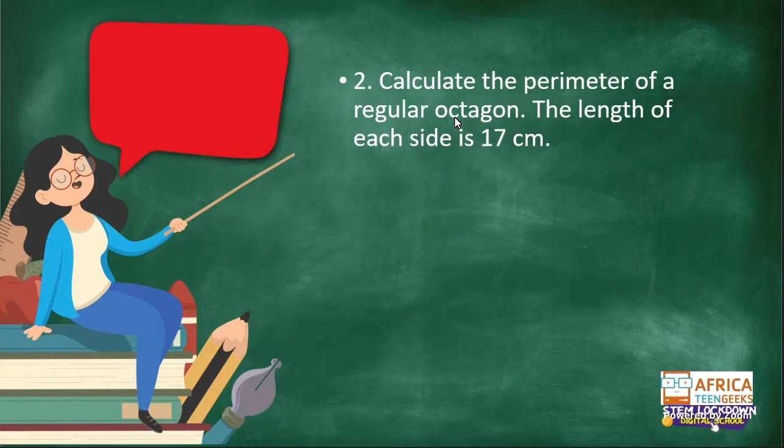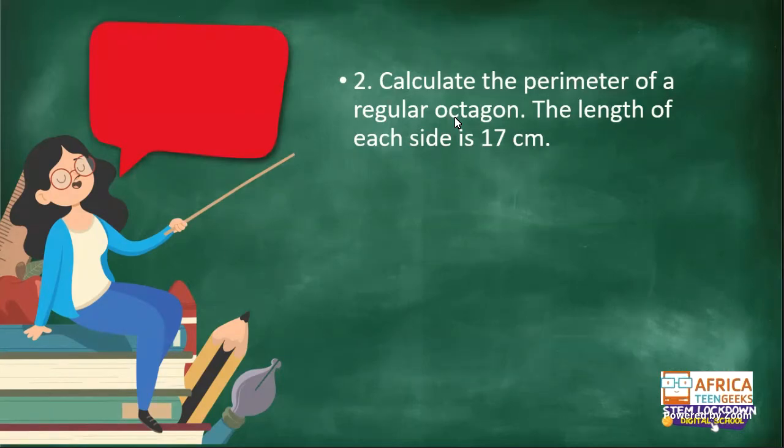Okay, so you have managed to define the octagon, and you said that the octagon is an 8-sided figure. Is that correct? Yes, sir.